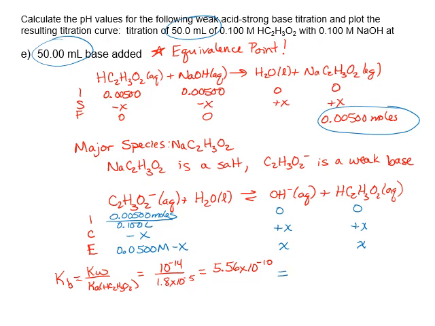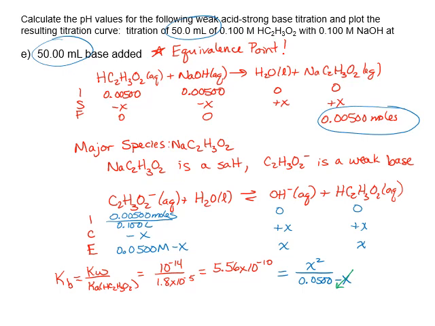So setting up our K expression, product concentrations over reactant concentrations, we have x squared over 0.05 minus x. And again, since our K value is pretty small, it's probably an okay assumption to neglect the x in the sums and differences.